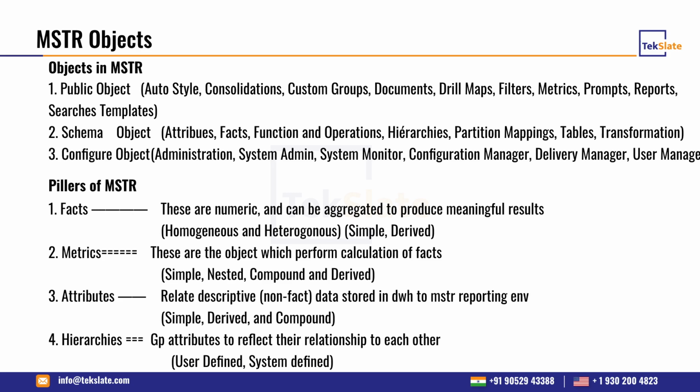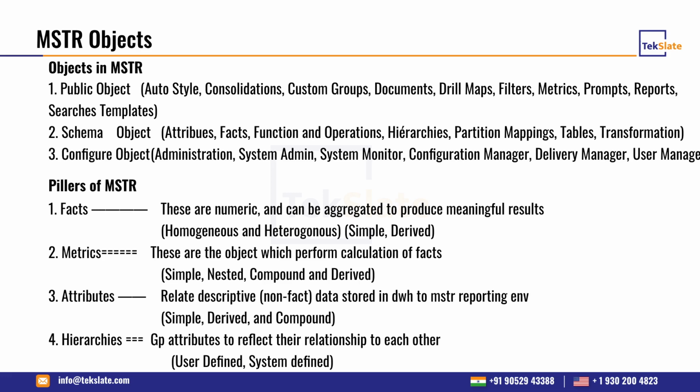Attributes and hierarchies. Attributes relate the descriptive data, which is non-fact data stored in the data warehouse, to the MicroStrategy reporting environment. Without attributes and without metrics, we cannot create any report. At the same time, filtering or sorting information is also needed; without these three we cannot create any report.